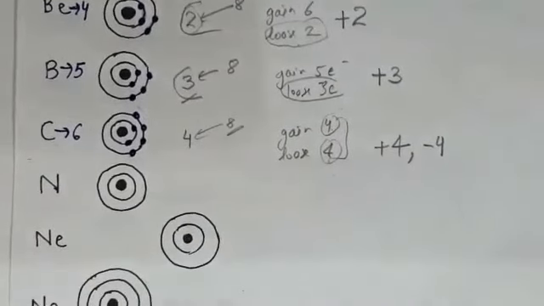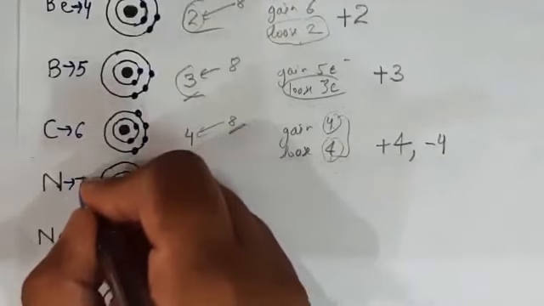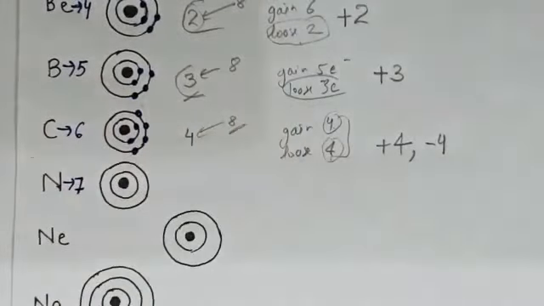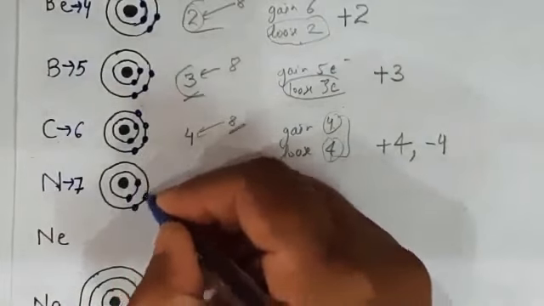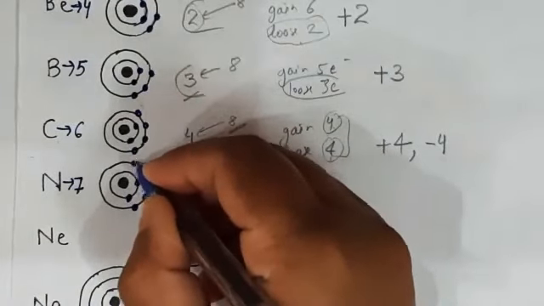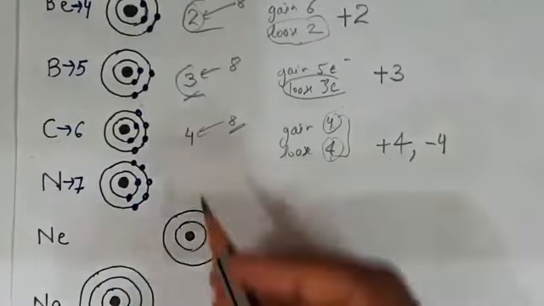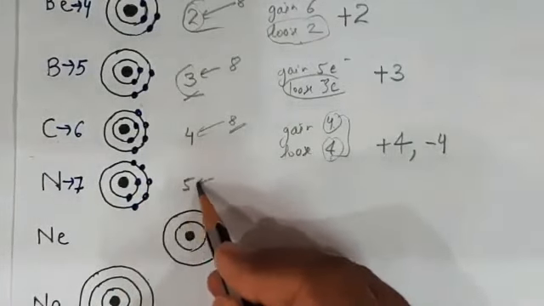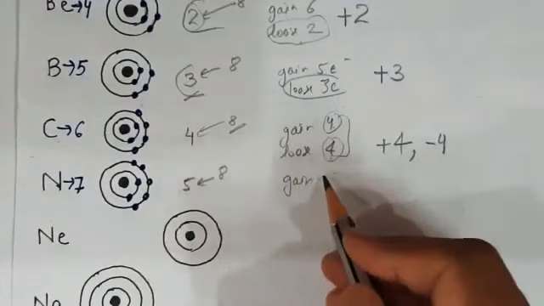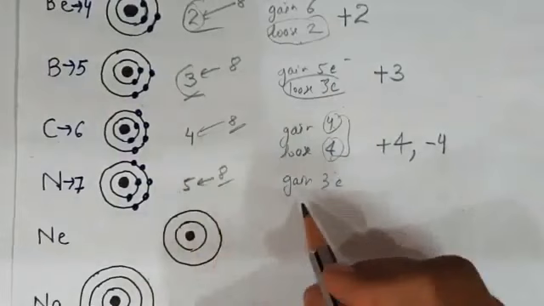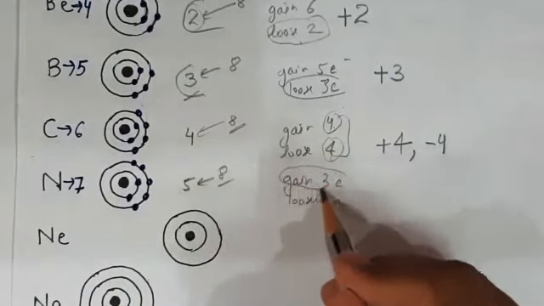Coming to nitrogen. Nitrogen atomic number is 7. 2 electrons in the first shell and 5 electrons in the second shell. So how many electrons are in the outermost shell? 5. We need to make this 8. So either it will gain 3 electrons, or it will lose 5 electrons. So which one is easy?